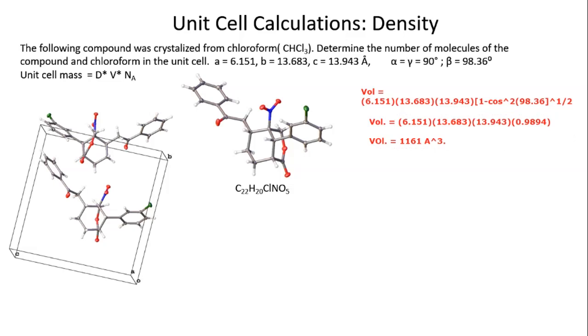So now we know the volume, we know Avogadro's number, we need to know the density.